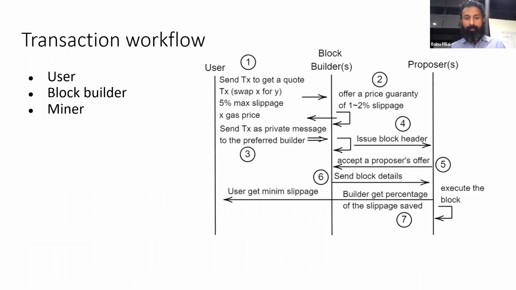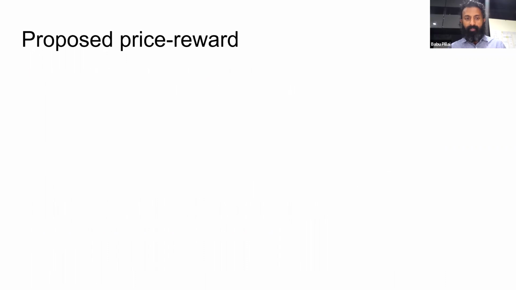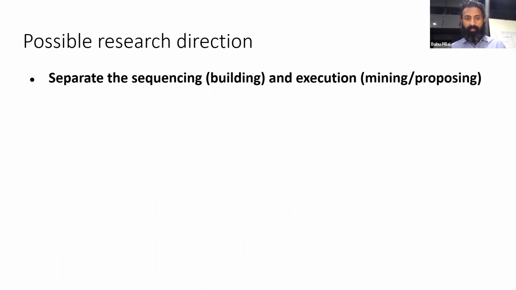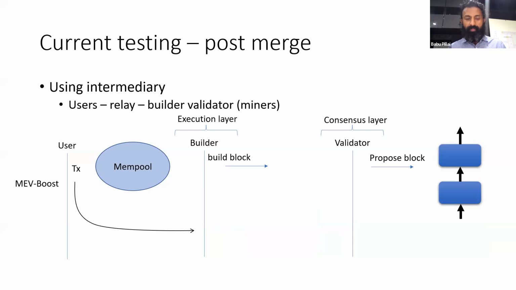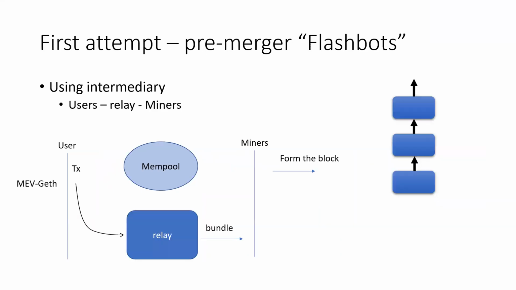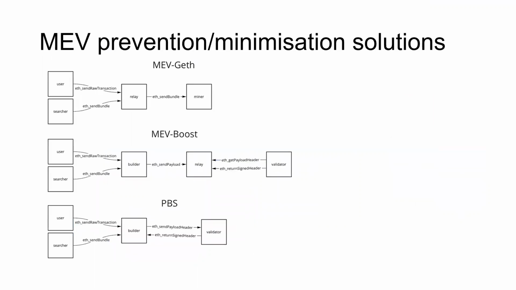In this one, my understanding is the builder puts through the block, and the builder is being paid by the validator.